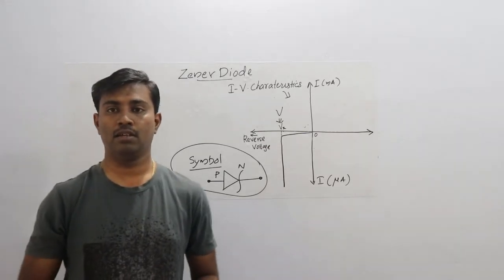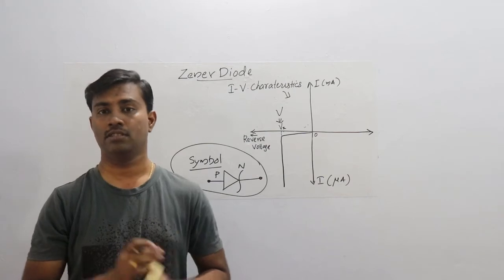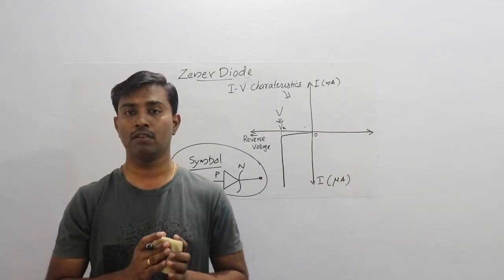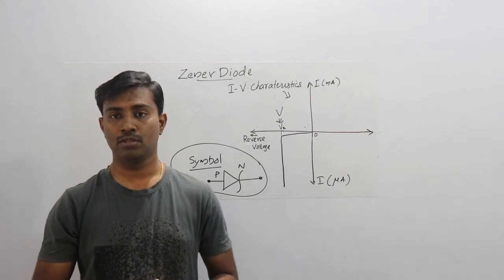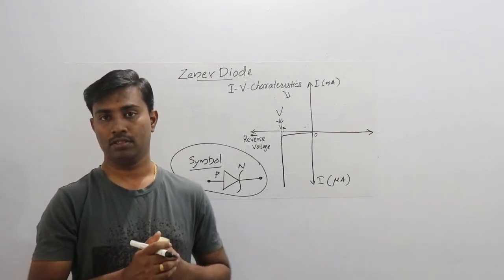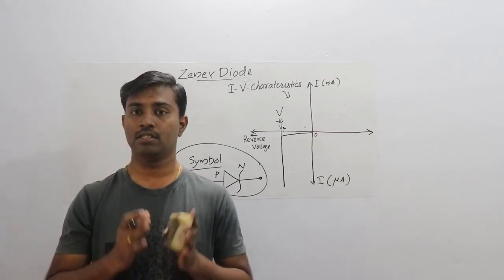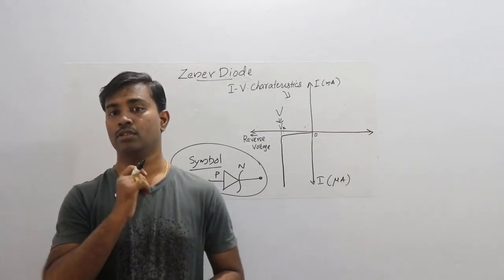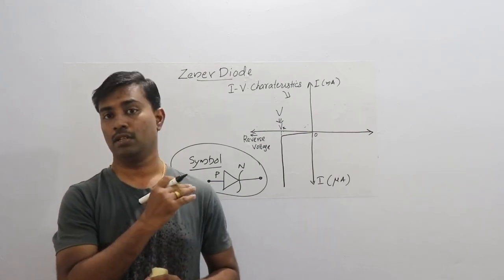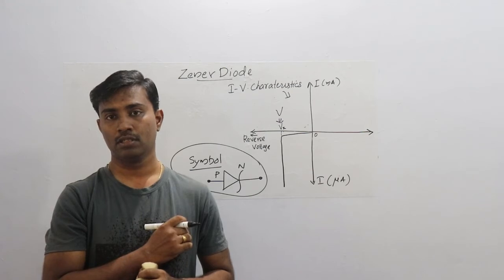The Zener diode has a unique feature that the Zener voltage is independent of the current flowing through it.